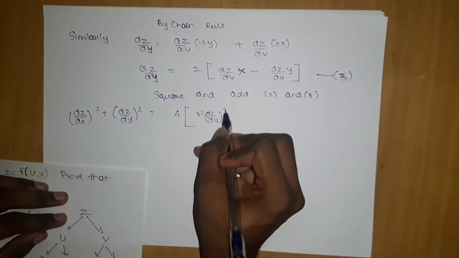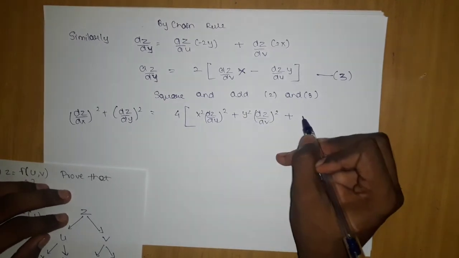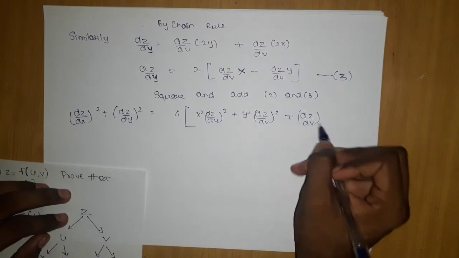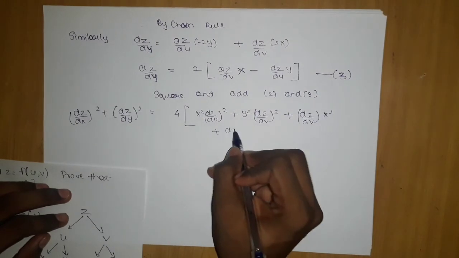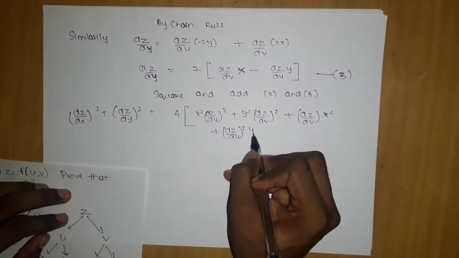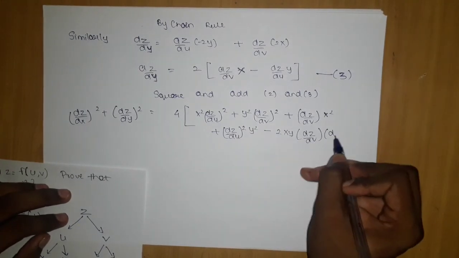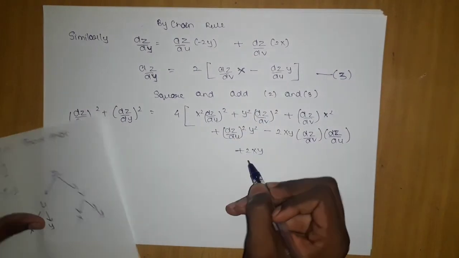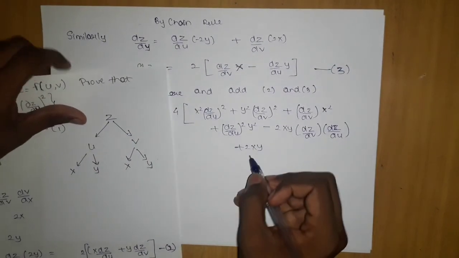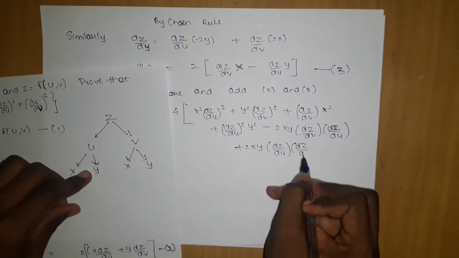Here we get x squared (∂z/∂u) whole square plus y square (∂z/∂v) whole square plus (∂z/∂v) x square from here, and (∂z/∂u) whole square y square minus 2xy ∂z/∂v into ∂z/∂u from here, and plus 2xy ∂z/∂u into ∂z/∂v.